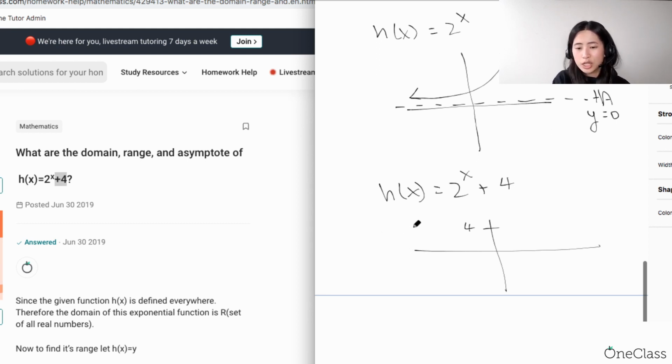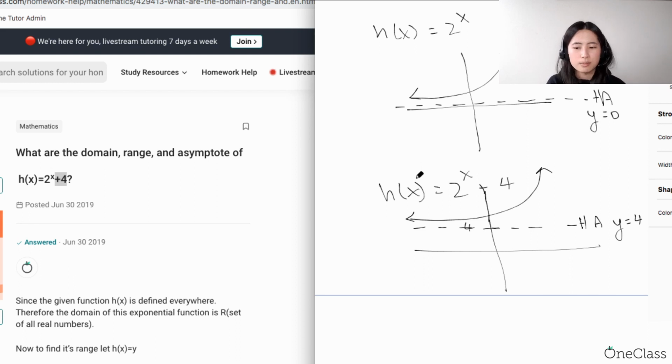You actually do have a horizontal asymptote at y equals 4. So maybe I can extend our y-axis. So yeah, this is now your function, 2 raised to the power of x plus 4. You're seeing a horizontal asymptote at y equals 4. Initially, we had that at 0. So in that case, your range changes from 0 to 4.